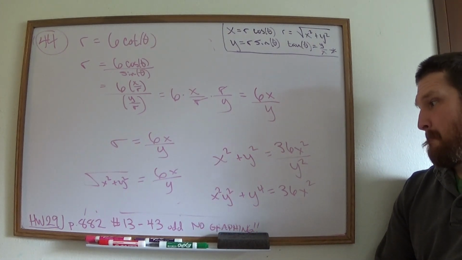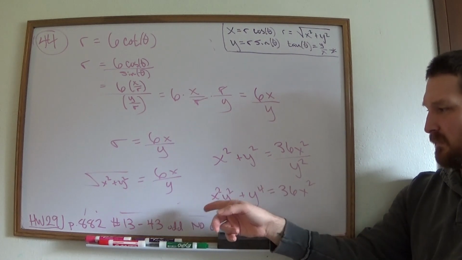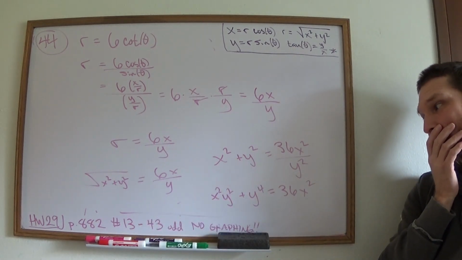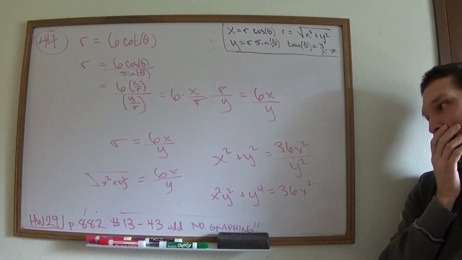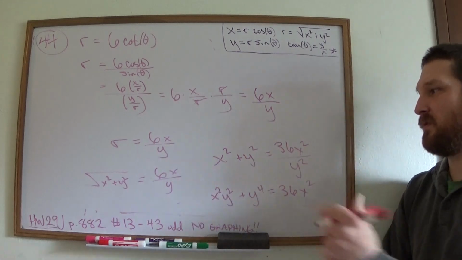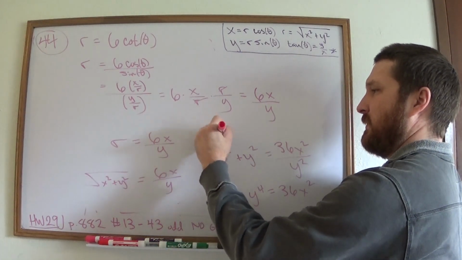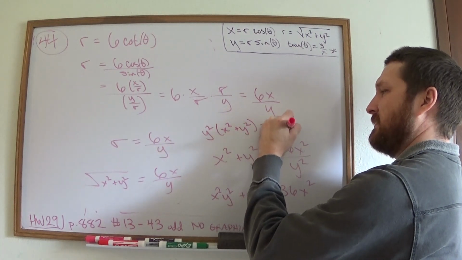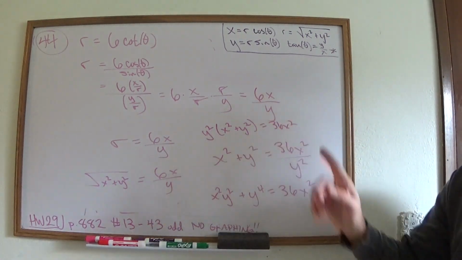You could factor out a y squared, and then you'd be back up where you had y squared times x squared plus y squared equals 36x squared, and now you can't get that into anything.